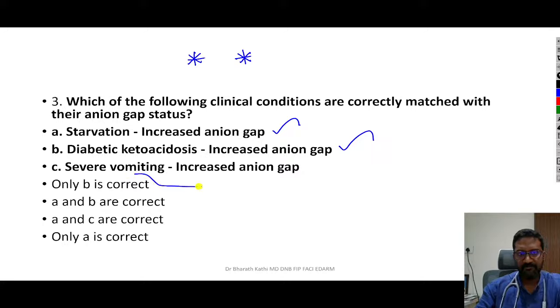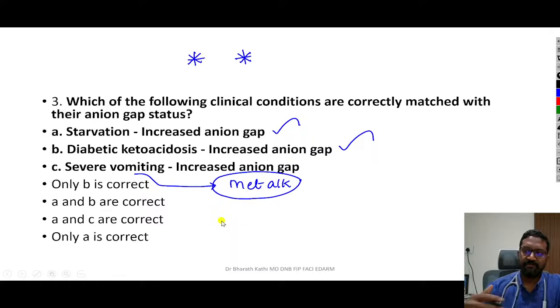Whereas the severe vomiting generally causes metabolic alkalosis, and whenever metabolic alkalosis is suspected, we generally don't consider anion gap because high anion gap is significant for your metabolic acidosis. So option containing A and B are correct.